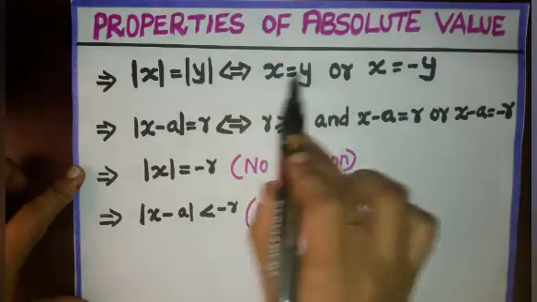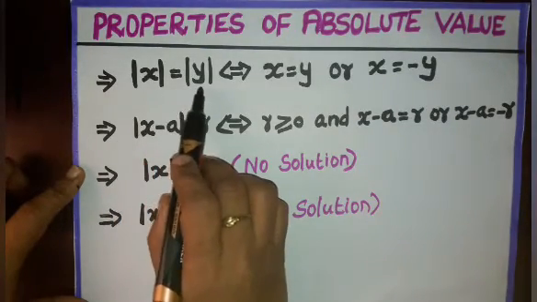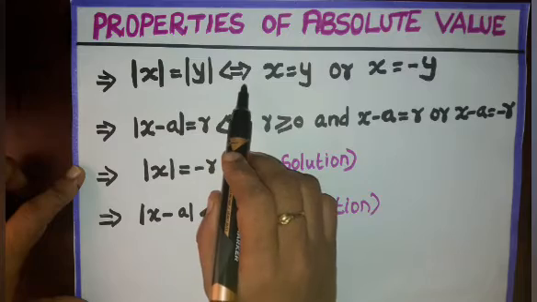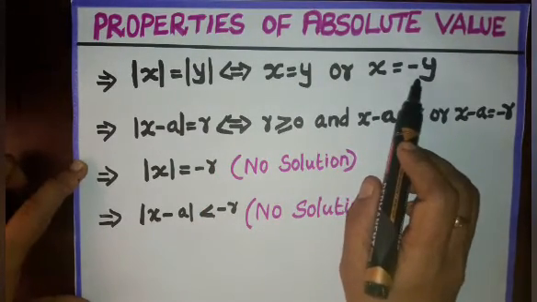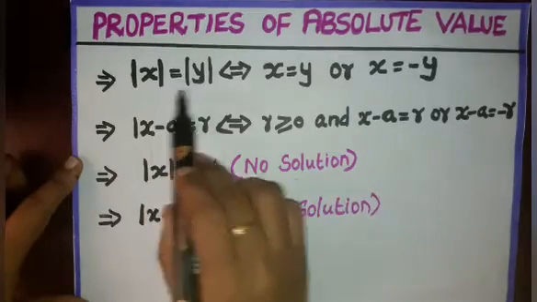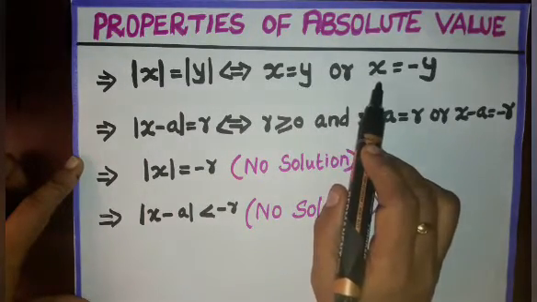Next, properties of absolute value. Modulus of x equals modulus of y if and only if x equals y or x equals minus y.